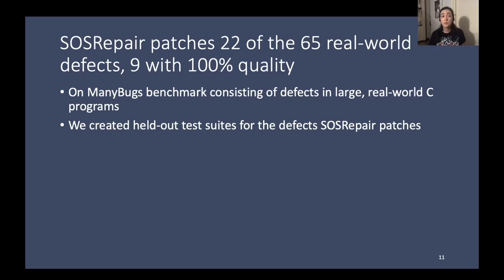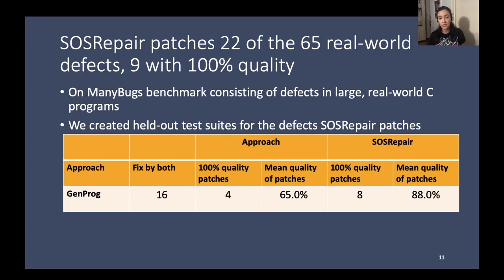Overall, SOSRepair created patches for 22 of the 65 real-world defects in this benchmark that fall within its defect class, and 9 of these patches pass 100% of the held-out test cases. We also compared to other approaches, and let's take a look at this table.